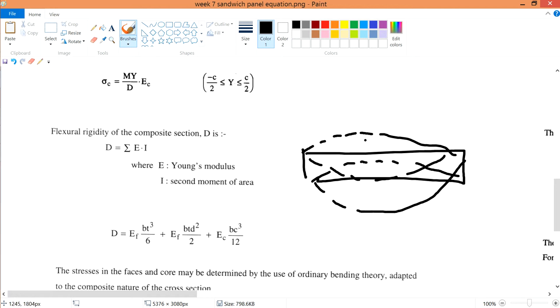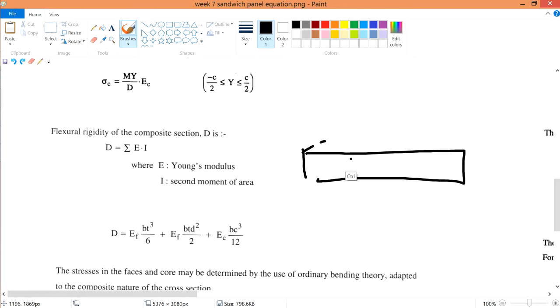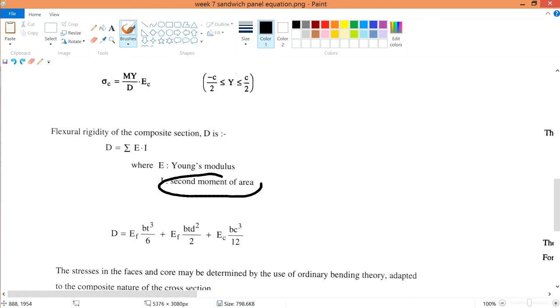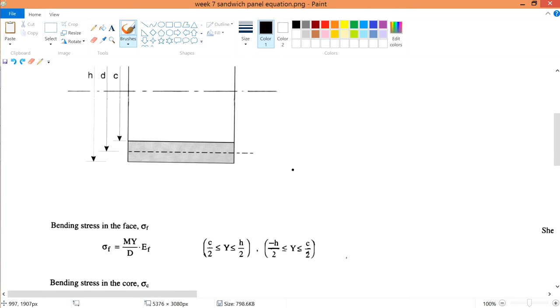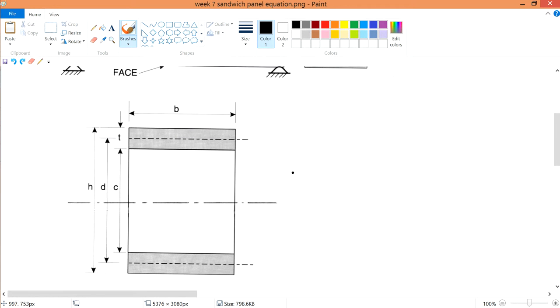So this flexural rigidity is about how rigid it is against flexing, against bending. The higher your D, the more rigid you are against bending. This is what it's trying to say. This is also why it includes the second moment of area. If you remember from the previous video, higher second moment of area means it is stiffer against bending. Same thing over here, but it includes the Young modulus in this case.